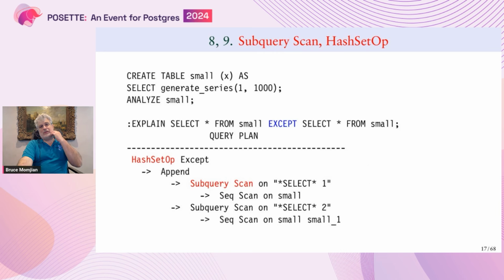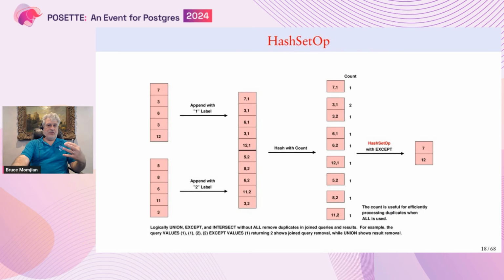Subquery scan and hash setup. This is something you would use for something like an except clause. An except clause is where you're basically removing rows from the first result that appear in the second result. And to do that, we effectively need to create a hash. So as you can see from left to right, we take the two results, we join them in a hash, and then effectively we can see which cases have a result from the first that does not have a removal from the second.